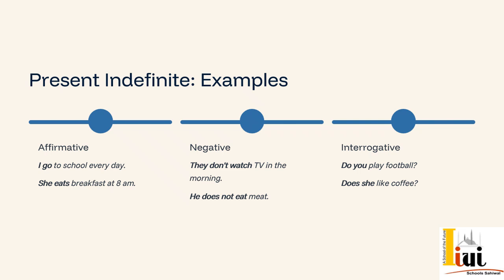There are some words that often indicate simple present tense, like always, usually, often, sometimes, rarely, never, every day, every week, every month, on Monday, on Tuesday, etc.